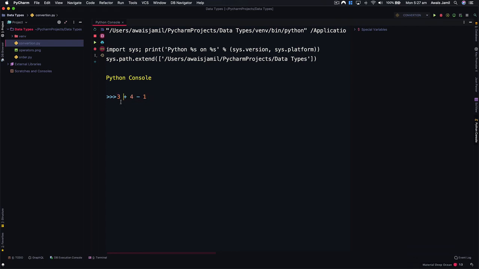Now we get 6, but what if we evaluate this part first? So we say 3 plus 4 becomes 7, minus 1 becomes 6. So in addition and subtraction, it doesn't matter if you add first or subtract first. In this case, expressions are evaluated left to right.